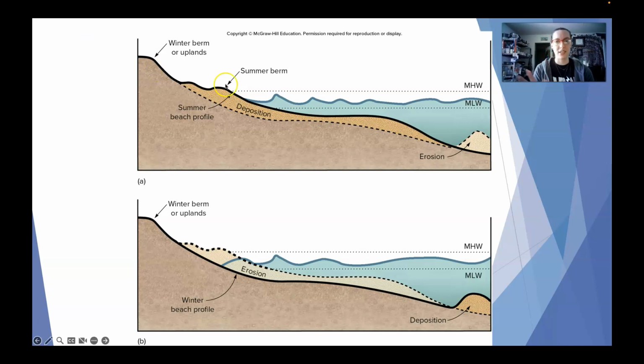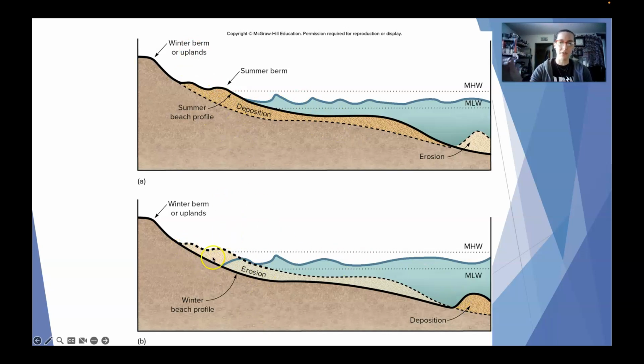So in this case, this is like a schematic version of what we just saw. The top is the summer beach profile, and on the bottom is the winter beach profile. We can see that in the summertime, all of this sand is deposited onto the actual beach area itself, whereas in the wintertime, that no longer exists.